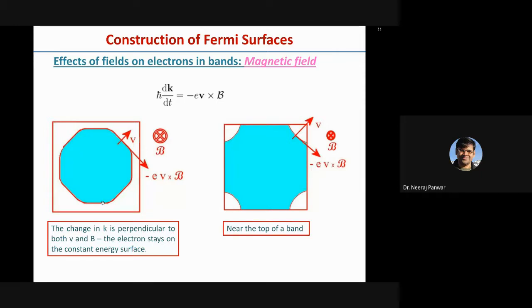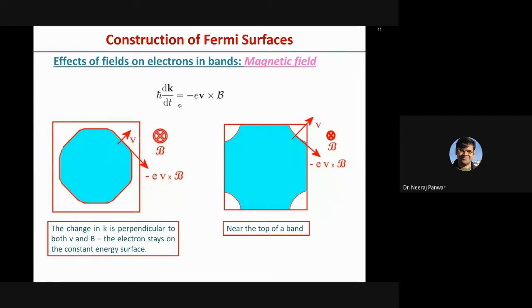And if there is any electron on this Fermi surface, it will move like this because of this equation. V is in this direction, and you see the magnetic field is in the inward direction of this page.